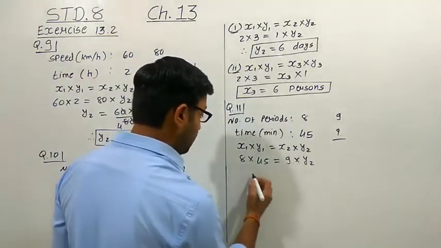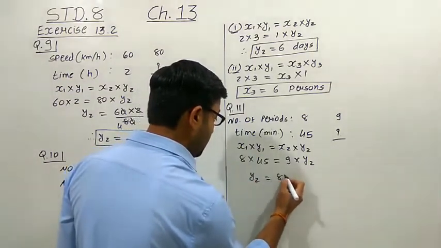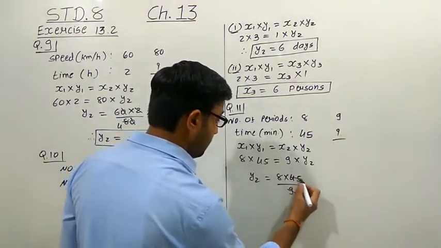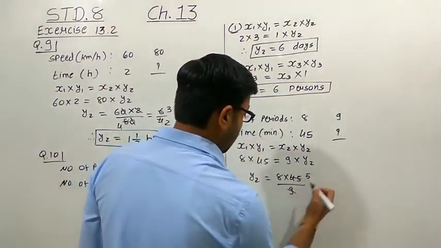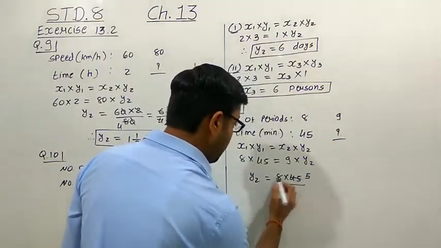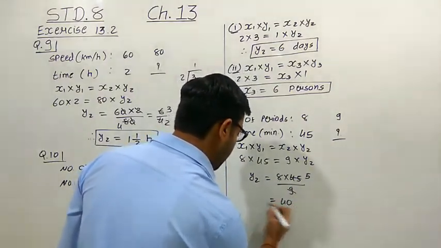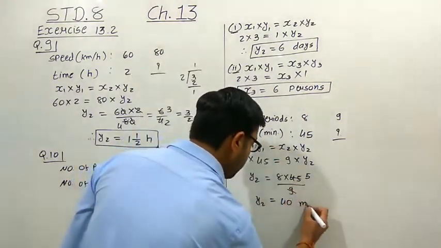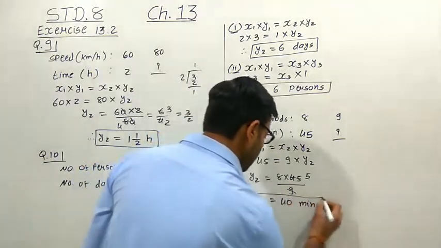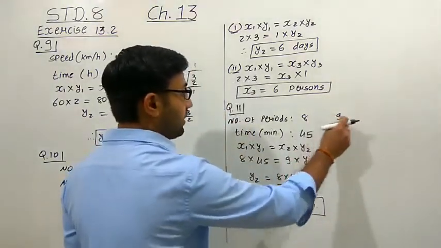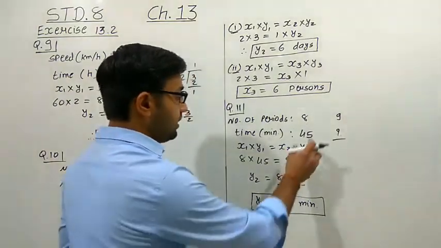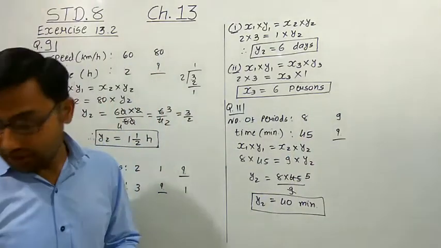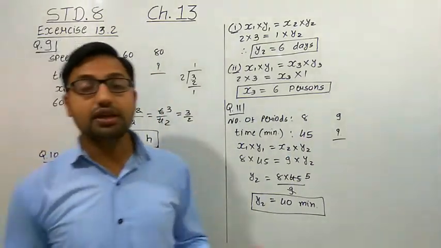Take this 9 to the left hand side, we get y2 is equal to 8 into 45 upon 9. We can cut this: 9 5s are 45, and here we get 8 5s are 40. So y2 is 40, and the unit is minutes. So instead of 8 periods, if we take 9 periods, then the time decreases from 45 minutes to 40 minutes. So here also the two quantities are in inverse proportion.